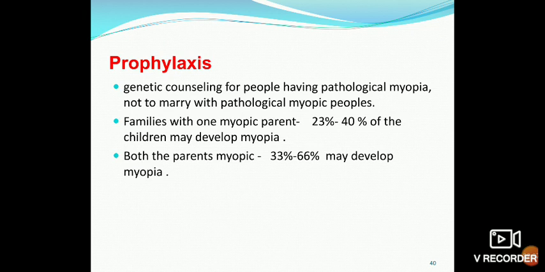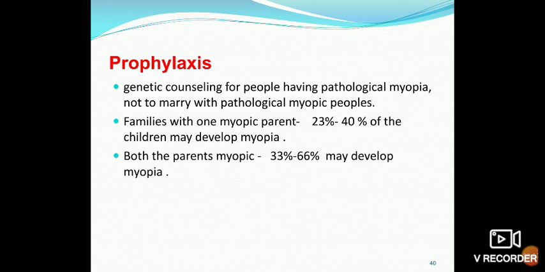Another thing we can do for prophylaxis is genetic counseling, because as you know there is a role of genetics and heredity here. So genetic counseling for people having pathological myopia: not to marry another pathologically myopic person, because in families with one myopic parent, there is a chance of 23 to 40% that their children will be myopic.